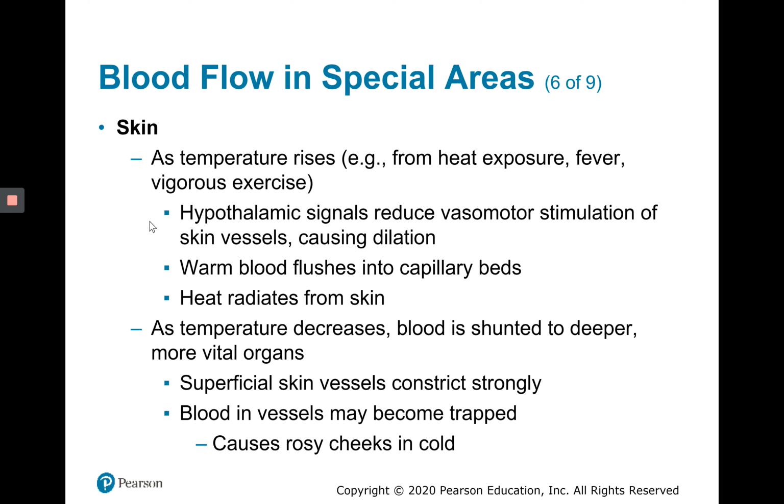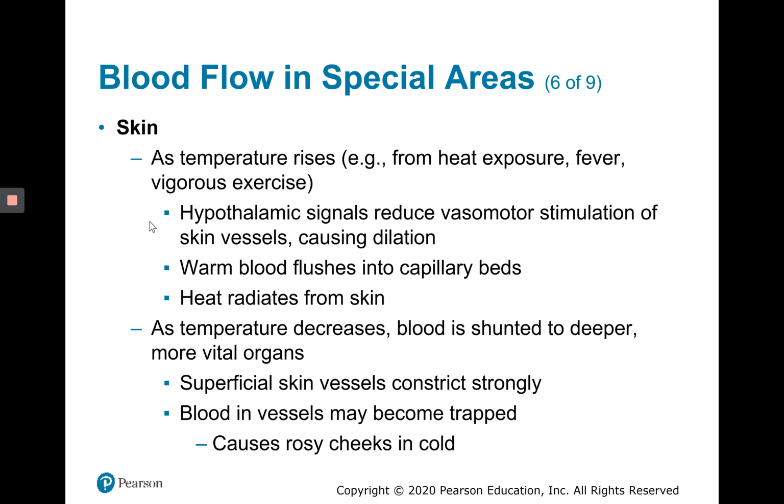And when there's dilation of blood vessels, there's more room for blood, so that causes warm blood to flush into these capillary beds in the dermis of the skin, and they're close enough to the surface of the skin that heat's able to radiate out of the dermis and through the epidermis out into the environment.